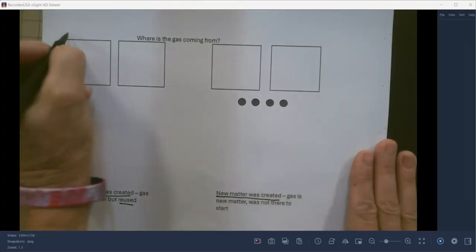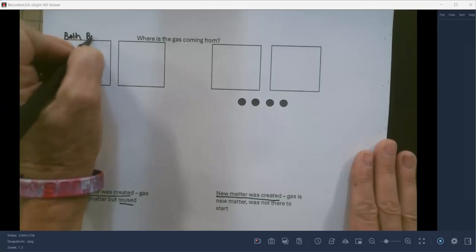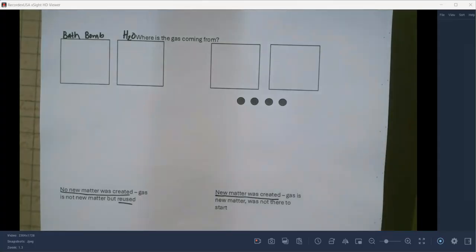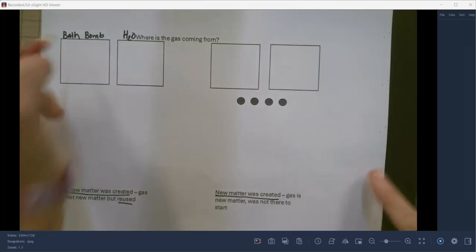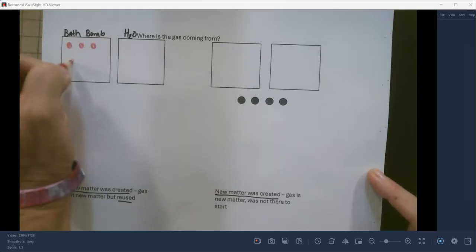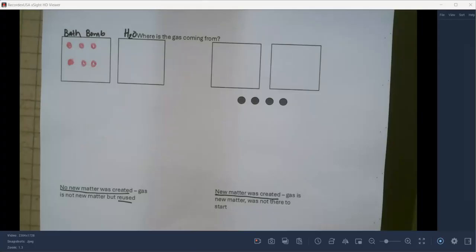So we started by labeling that these two boxes represent the bath bomb and water. And we decided that we would represent the particles by just doing circles. So in the bath bomb, we just filled in 6 circles to represent the particles that were in there. And the same thing with the water.